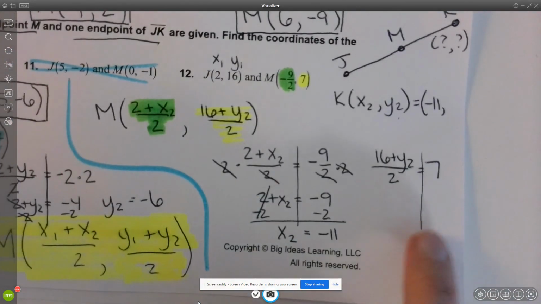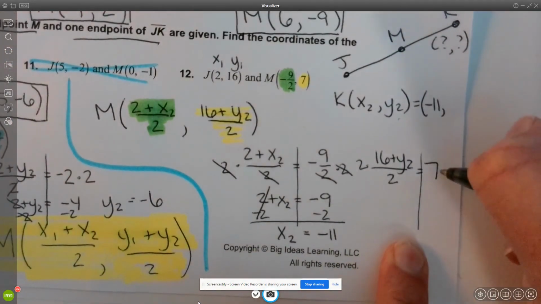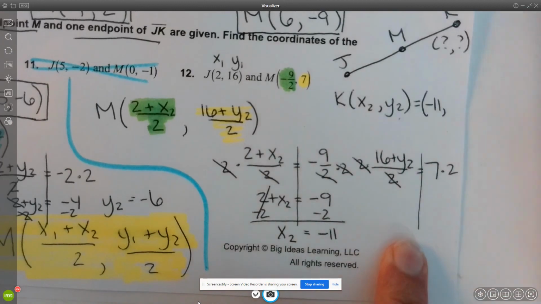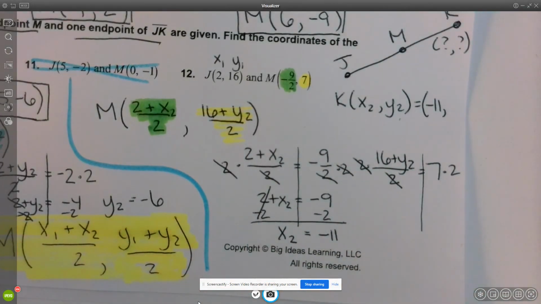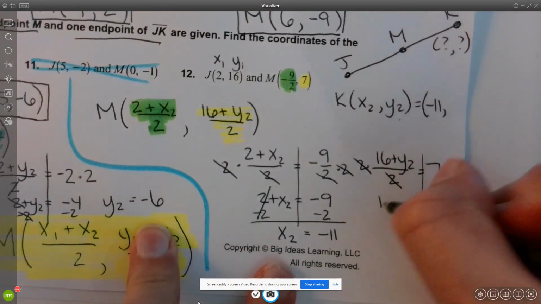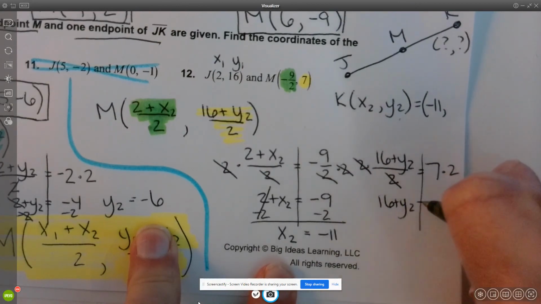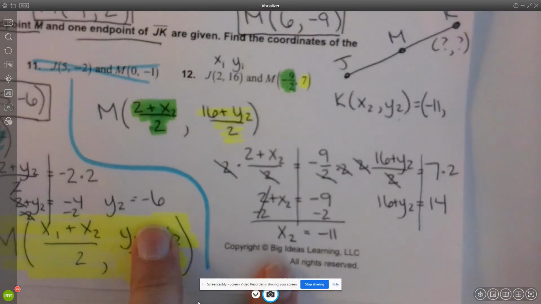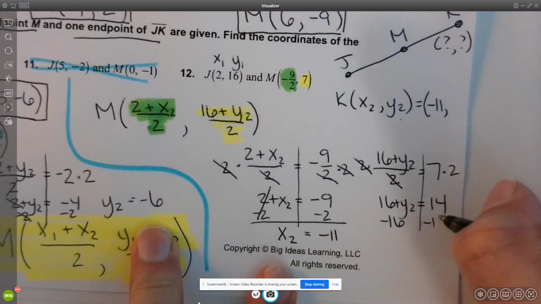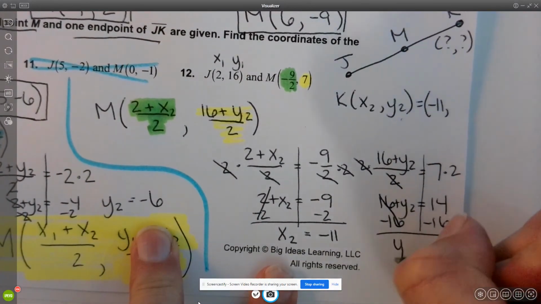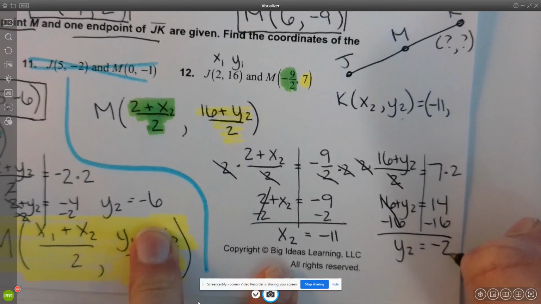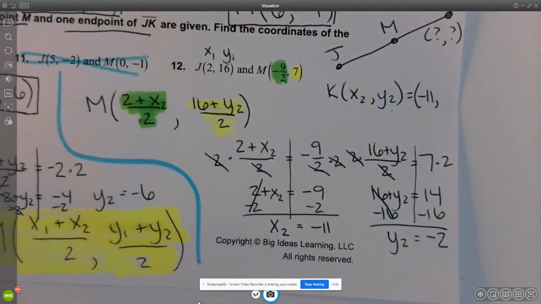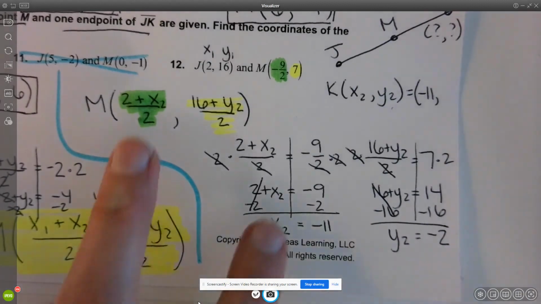To get the y-coordinate y2, again, I have to multiply both sides by 2. That will be the first step you always do when solving these equations. And I'm going to subtract 16 on both sides. So the y-coordinate of my endpoint K, y2, is equal to -2.